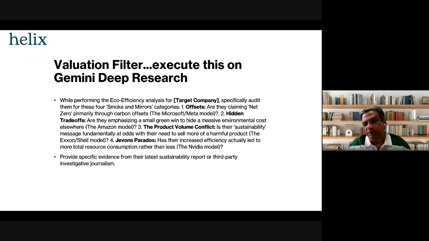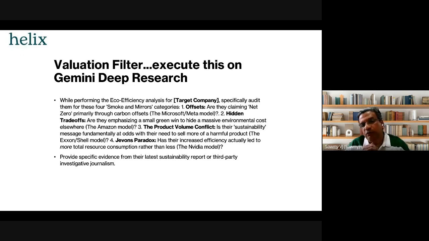You'll say, while performing the eco-efficiency analysis for Tesla, specifically audit them for these 4 smoke and mirrors categories: offsets, hidden trade-offs, product volume conflict, Jevons paradox, etc. Provide evidence from their latest sustainability report or third-party investigative journalism, right? So you can ask Gemini to do a deep research on this.